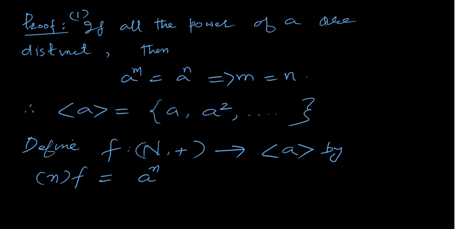So you check this map is one-one, onto and a homomorphism.